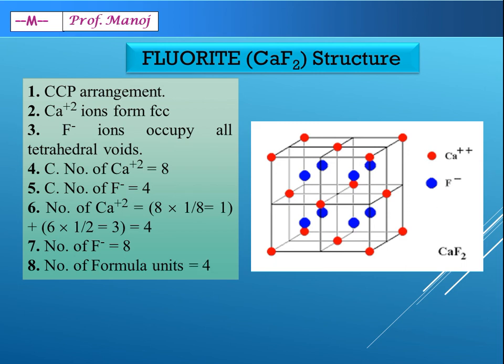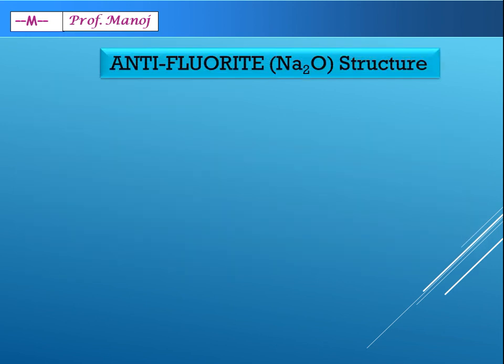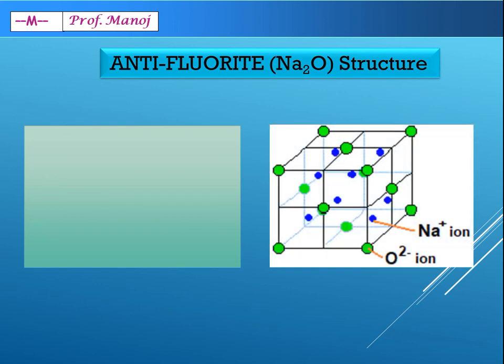When you consider this with the anti-fluorite system, all the information gets reversed. Whatever information we have written for cations now becomes the information of anions. Let me show you what that is. In the anti-fluorite system, you can see now the sodium ions are present inside and the outer corners are occupied by oxide ions.